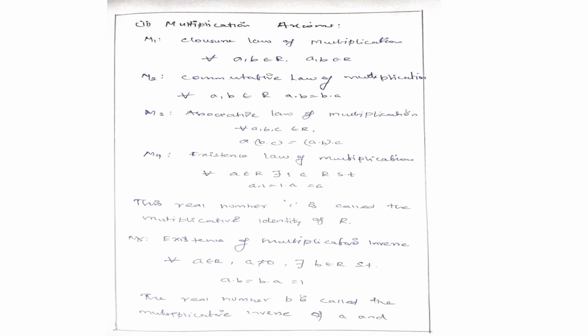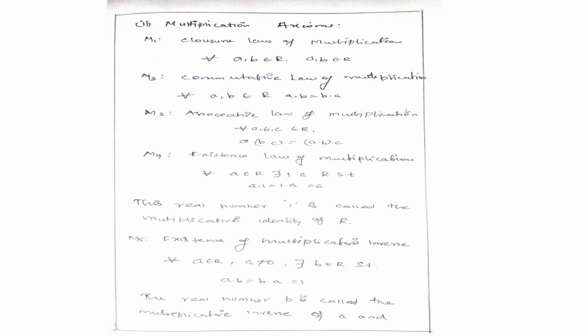If a number is multiplied with its multiplicative inverse, then what will be the answer? 1. So for example, a belongs to R, a not equal to 0, there exists b belongs to R such that a dot b equal to b dot a equal to 1.